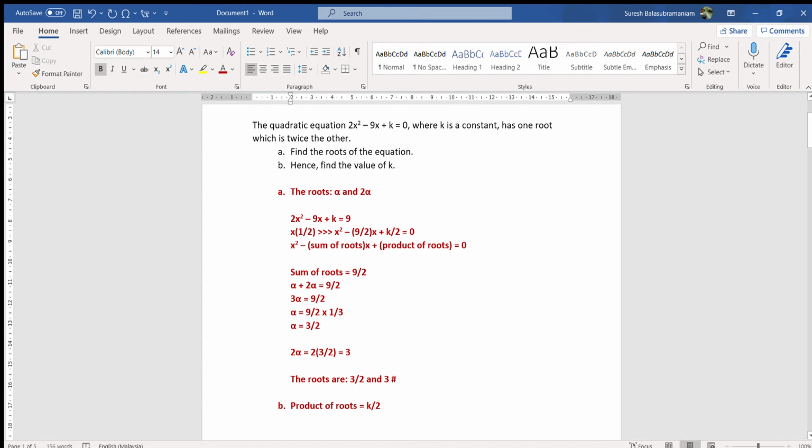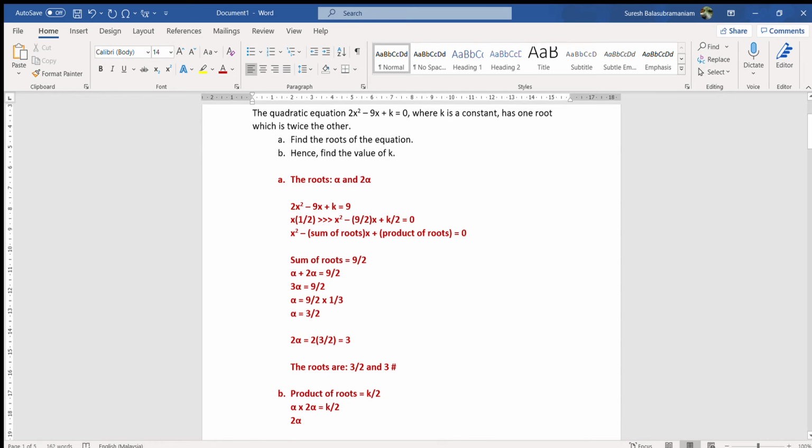So our roots are alpha multiplied by 2 alpha equals k over 2. Alpha multiplied by 2 alpha gives 2 alpha squared equals k over 2.